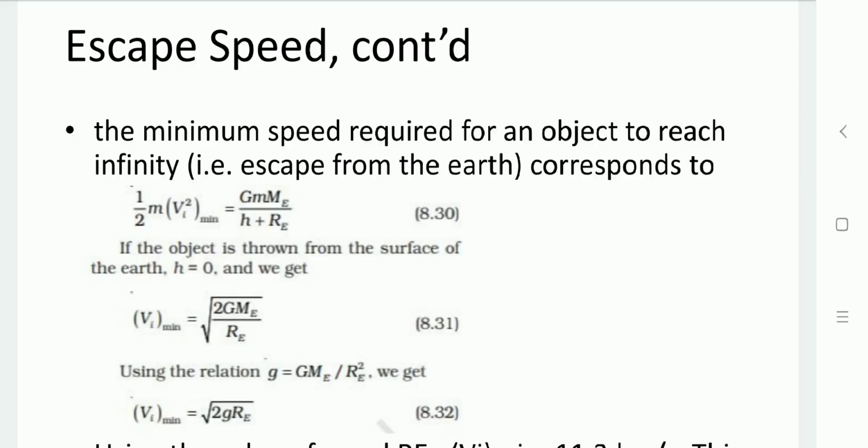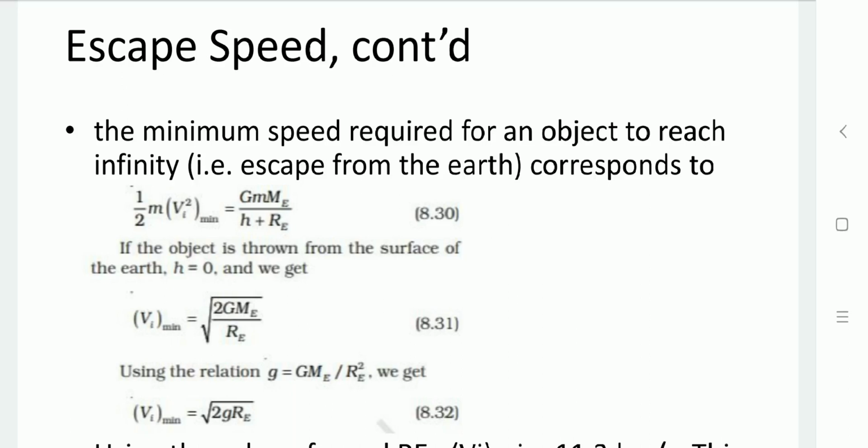Here, small g, the acceleration due to gravity, equals G Me by Re squared. Placing that value in the above equation, we get Vi minimum equals the square root of 2 g Re.